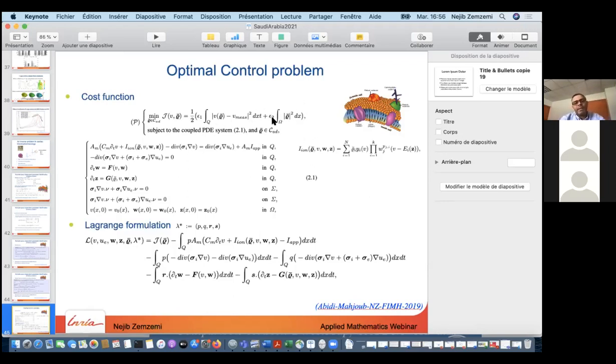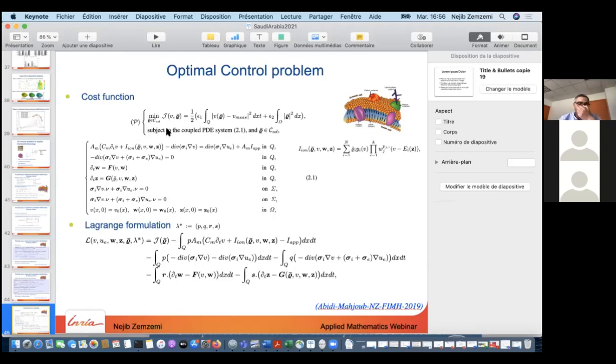I think that this could also be simplified. We don't need this term if the hypothesis on the matrix lambda that I showed you before is fulfilled. So it's a constrained optimization problem where V rho is the solution of the PDE problem, which is this one.